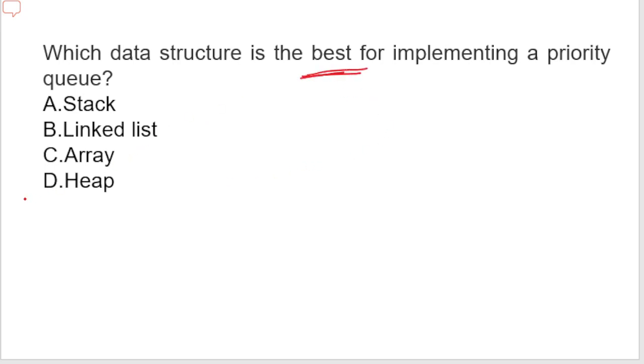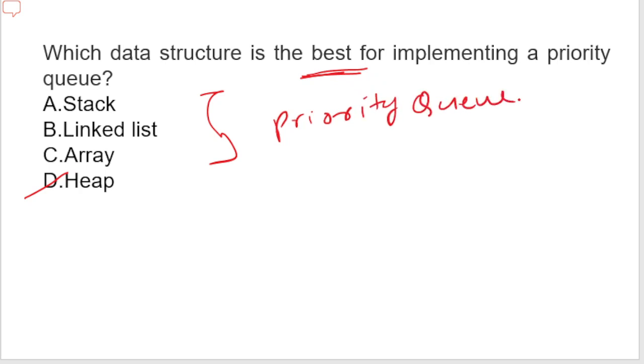Okay, so answer is D. All the data structures given in the options can be used to implement a priority queue. But the most efficient way of implementing a priority queue is heap data structure, because it is asking best implementation, but we can implement from all these.